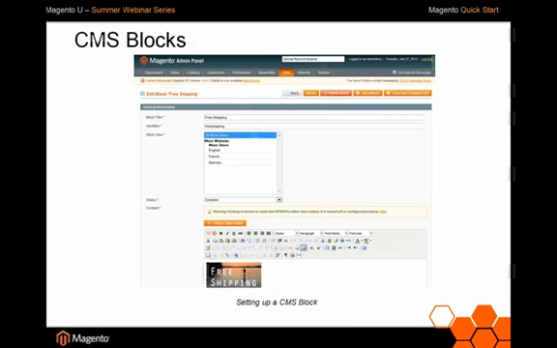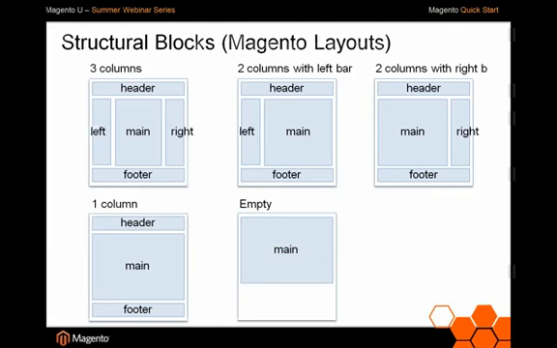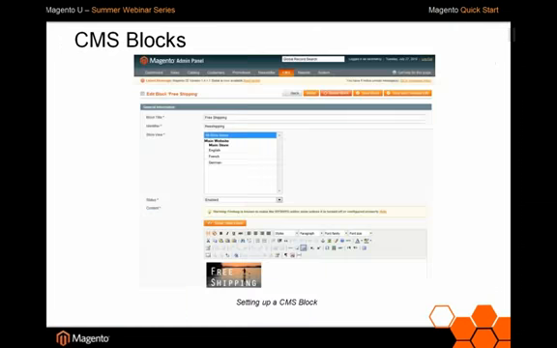Now, this is what you call CMS blocks. The CMS blocks are way different than structural blocks. Structural blocks are places in your page layout, in your structure or your template, that you can place certain things. So like left or header or main, that's a structural block.